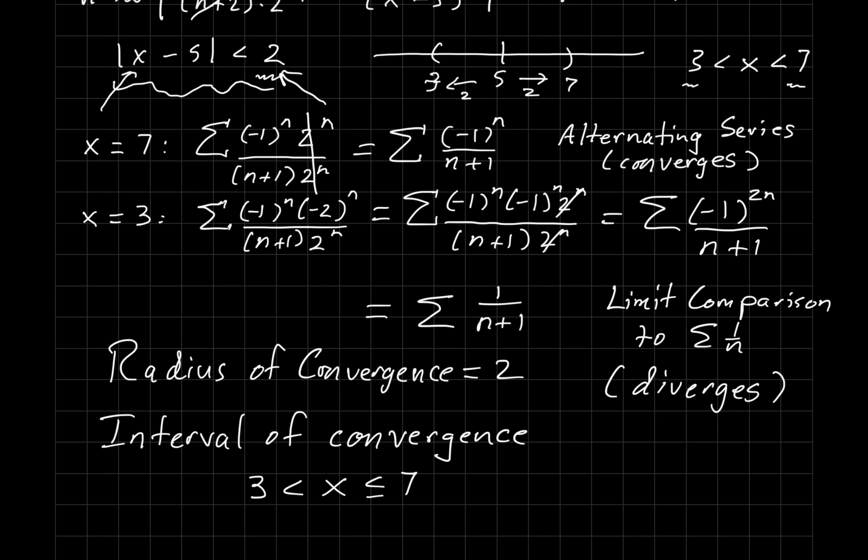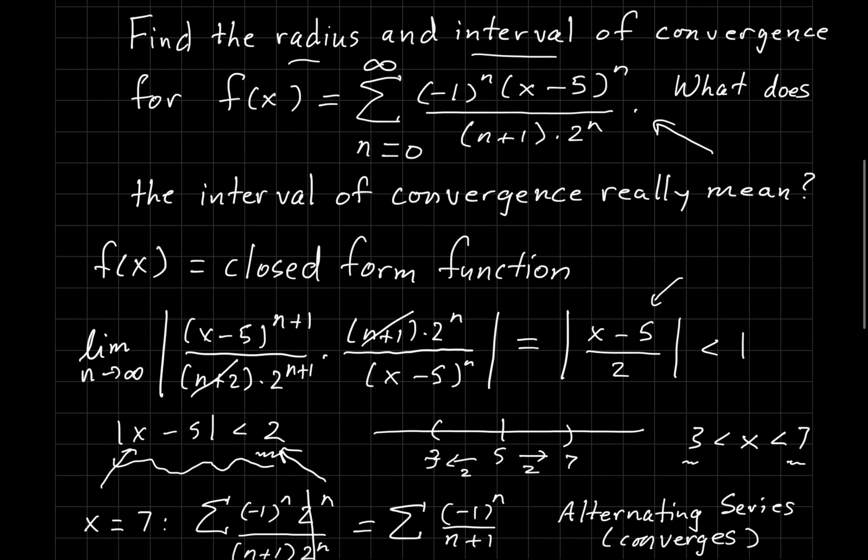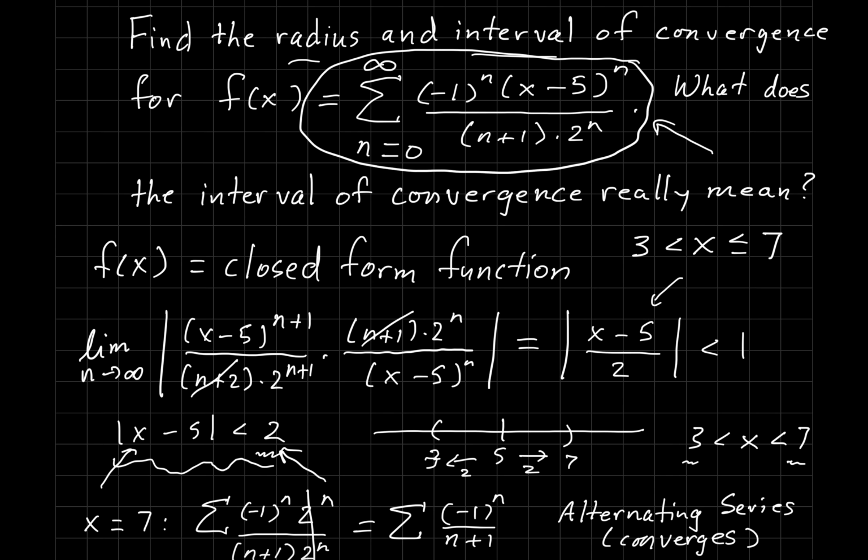So once again, what does this interval of convergence mean? That means on the interval 3 less than x less than or equal to 7, my series exactly conforms to, exactly equals some closed form function.